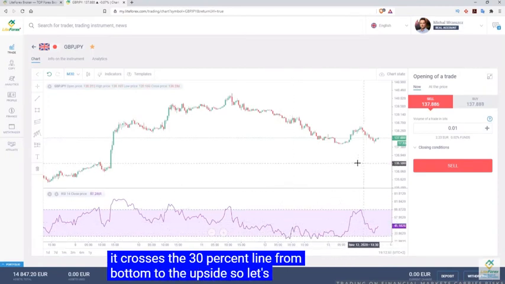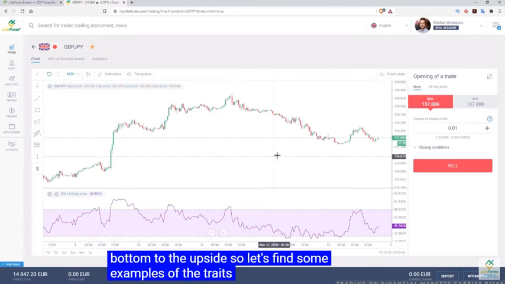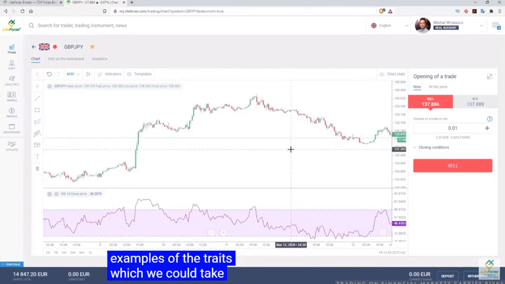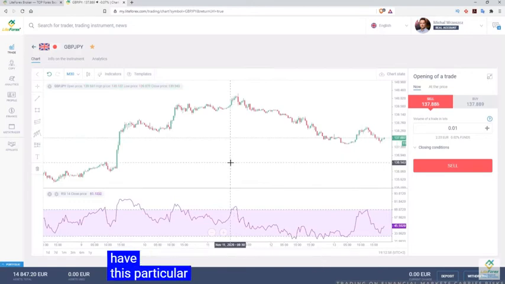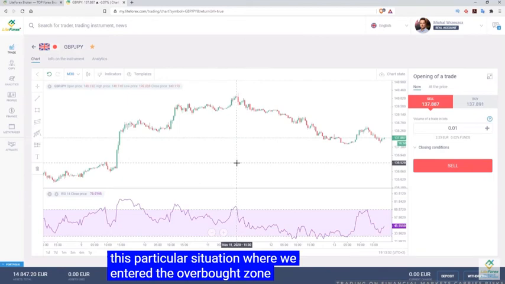So let's find some examples of the trades which we could take. On this chart we have this particular situation where we entered the overbought zone.